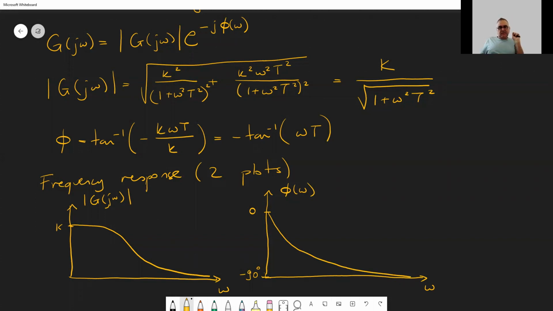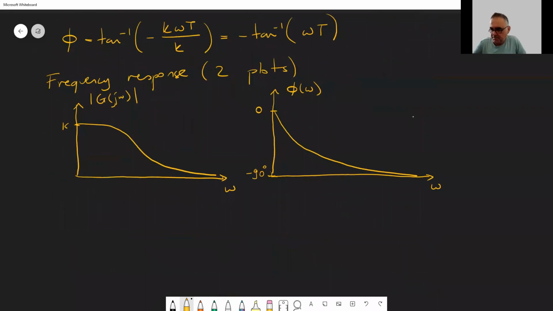So we can represent the frequency response by two curves. One is the magnitude plot. The other is the phase angle plot.